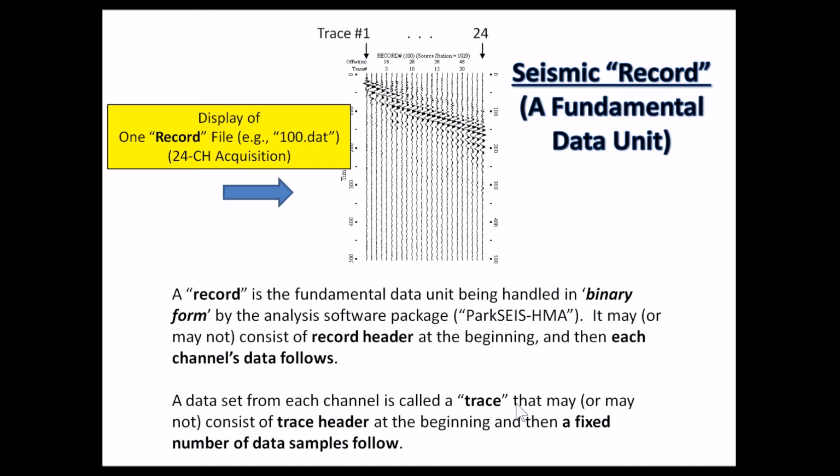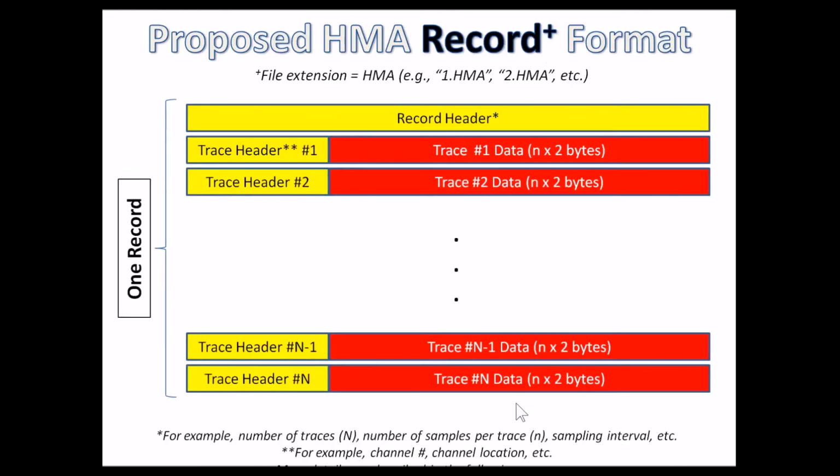So let me talk about the proposed record format. I would call it the HMA record format, which will consist of a record header at the beginning. I will talk about this format in more detail on the next slide. And then come the trace elements.